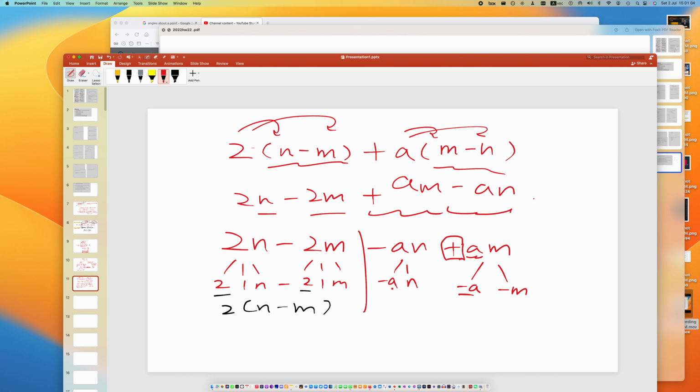So can you see that now you have a common minus a here, and then you take out minus a, you will end up with n minus m, right? Okay, good. Can you see that you have n minus m now? Therefore 2 minus a, n minus m.